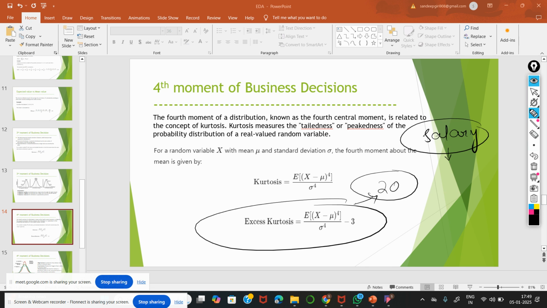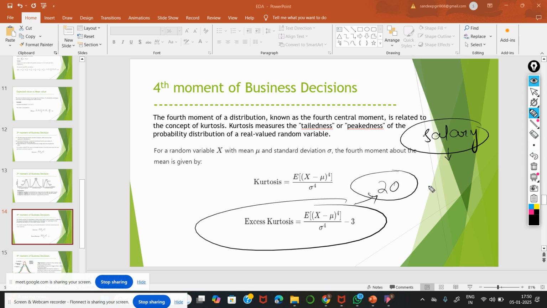Any analysis you are getting? Excess kurtosis value is 20 and I have a column called salary, so some relation must be there. I can tell that the salary of employees would be varying.